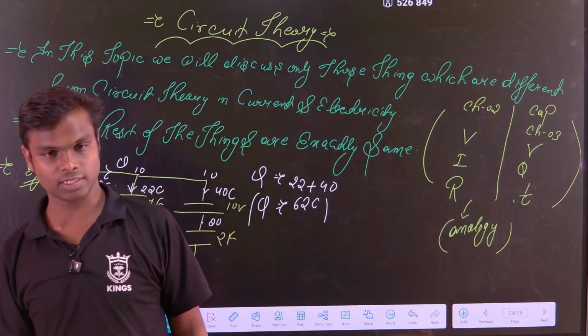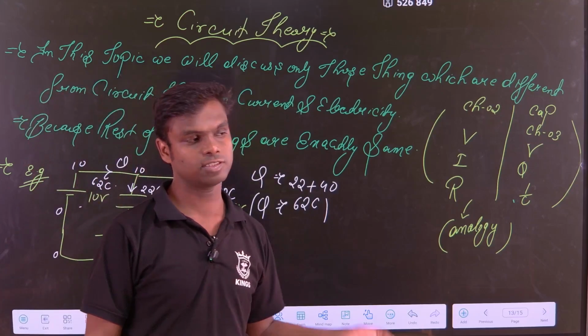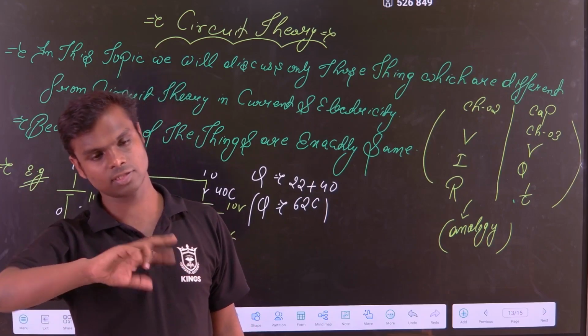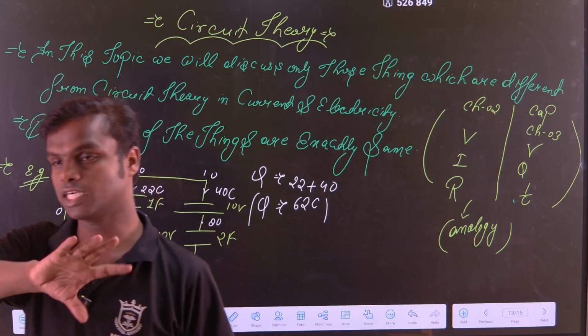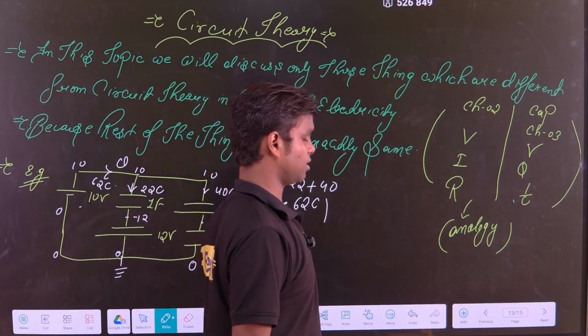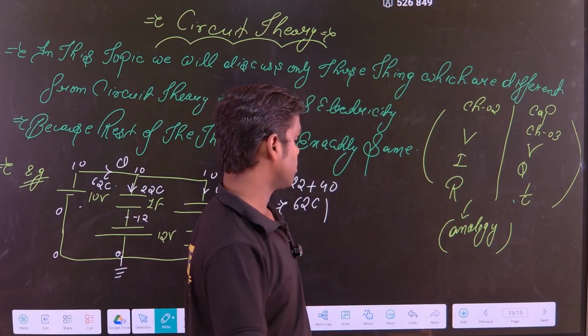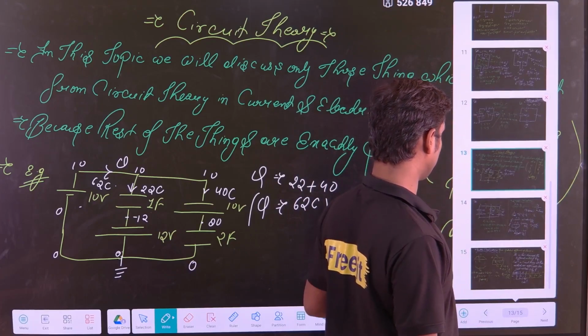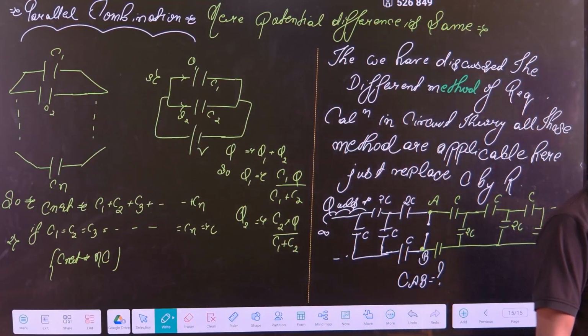I told you the tricks also, how you can remember the result. Just remember the result in terms of resistance. For the capacitance, just inverse it. Replace R by 1 by C and you will get the capacitance. Simple. C net. Clear? So this is what you can do. Okay, please note it down. Note this question.